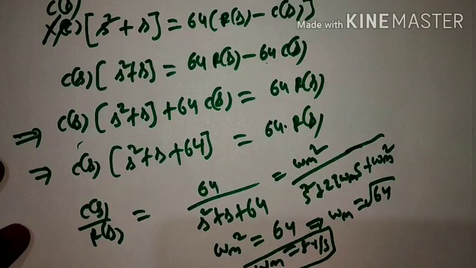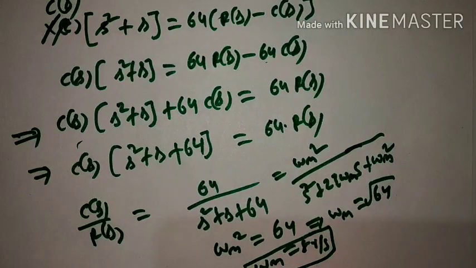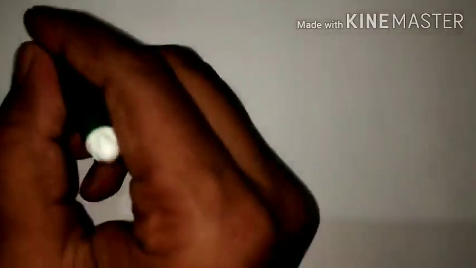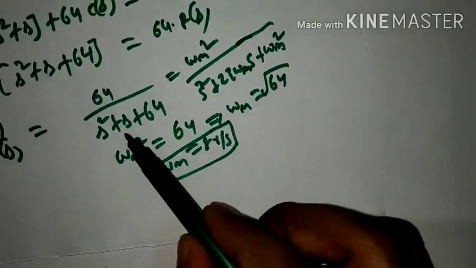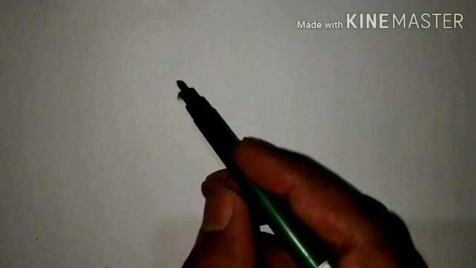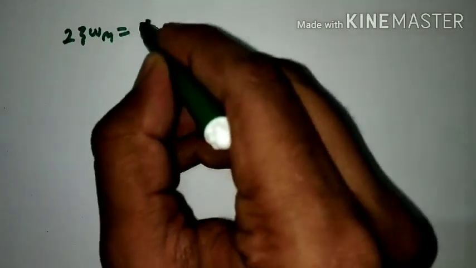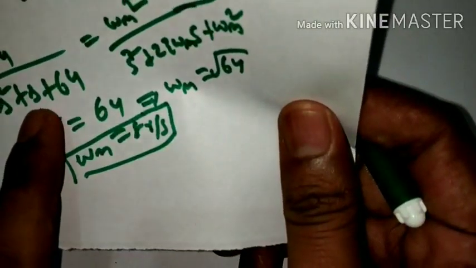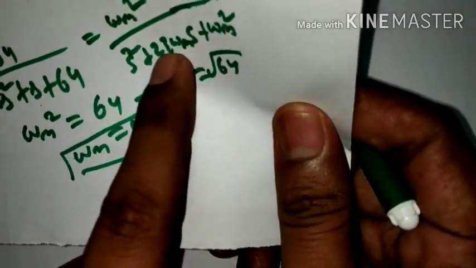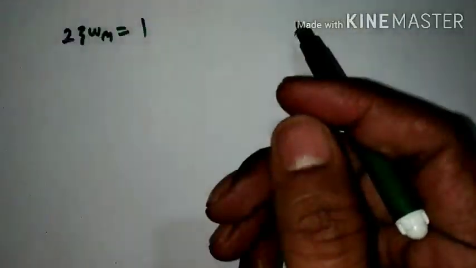So you have to find the damping ratio from this equation. When you compare the standard equation and this equation, 2 zeta omega n is equal to 1, since this s coefficient is 1.